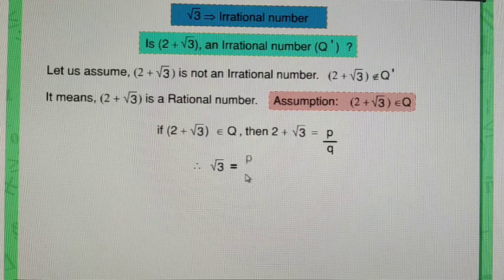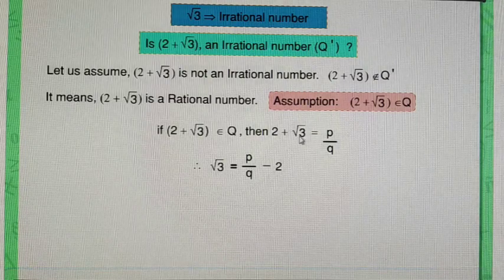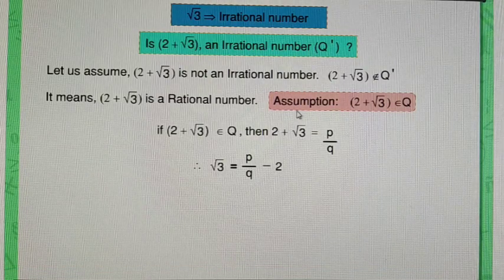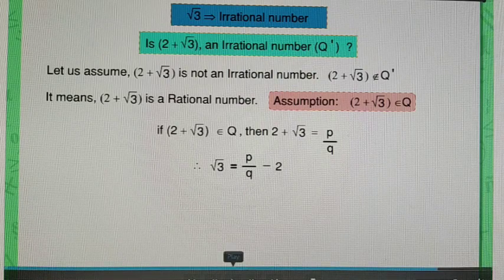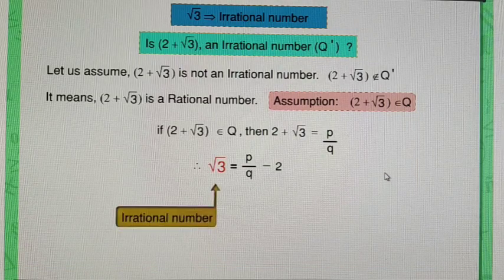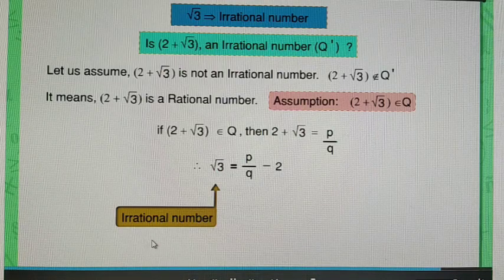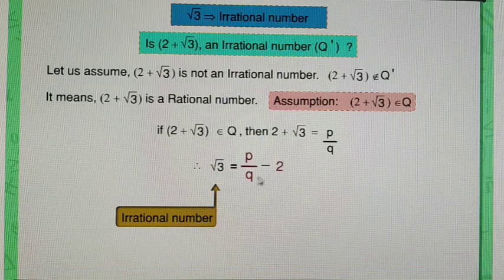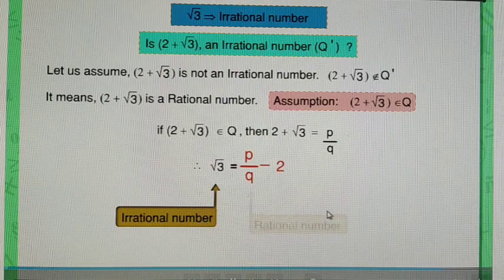root 3 is equal to p upon q minus 2. What I did: root 3 kept here, and I take this 2 to that side, so it changes its sign and becomes negative 2, that is p upon q minus 2. Root 3 is an irrational number and p upon q minus 2 is a rational number.